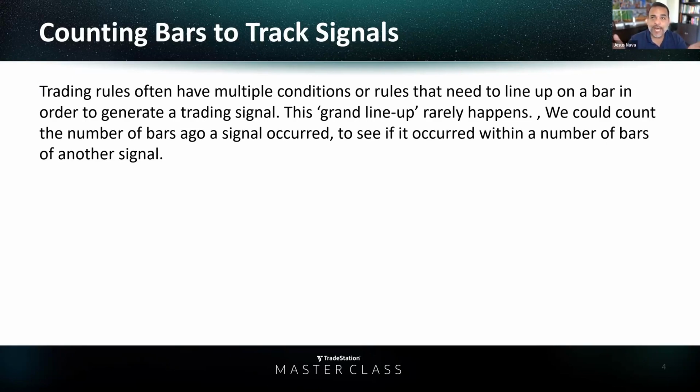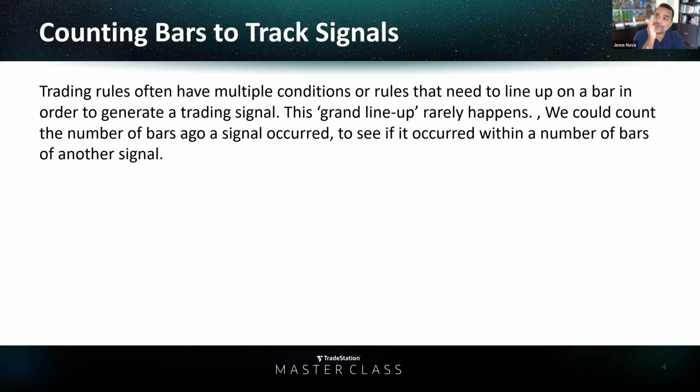Let's say that you're keeping track of a moving average cross, that can be either bullish or bearish, but at the same time, you want to look at the RSI and make sure that the RSI is within certain values. So there are two technical indicators that need to align in order for you to take a certain action. That's pretty much what this slide is alluding to, where you have multiple technical ideas that need to happen in alignment for you to take some action.